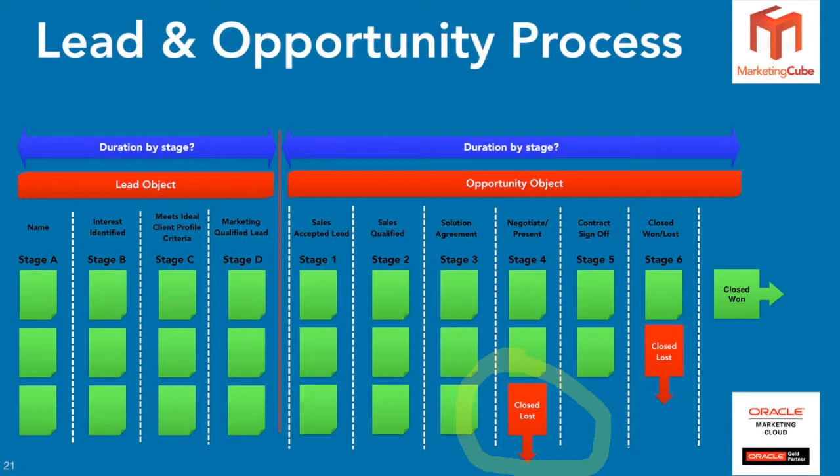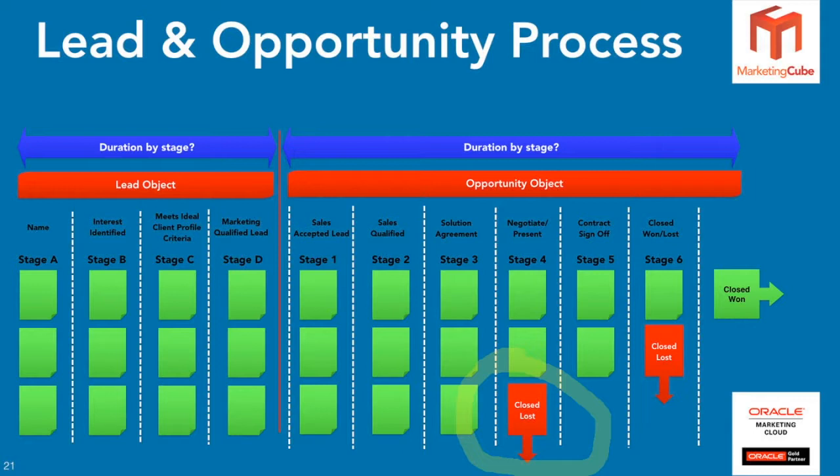So if we understand that at this particular point, this opportunity has been moved to a closed lost status, then it can drop out, but it can be picked up through recycling. And so the loss of that particular campaign could then actually move into a nurturing campaign automatically. Probably not straight away, that wouldn't be probably the greatest of ideas, but at least move them into some sort of a nurturing campaign.